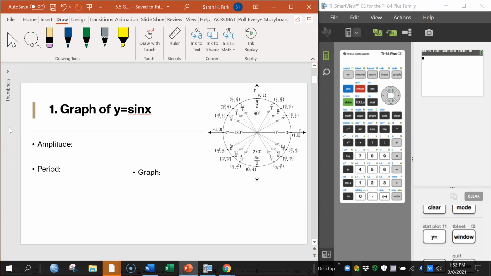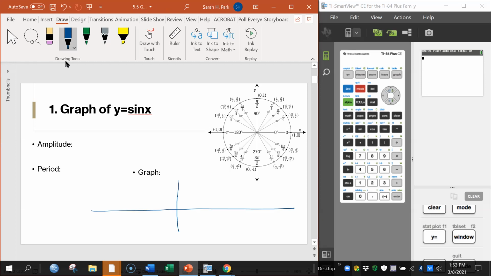First, before I show it to you on the graphing calculator, we are going to have the y-x axis.